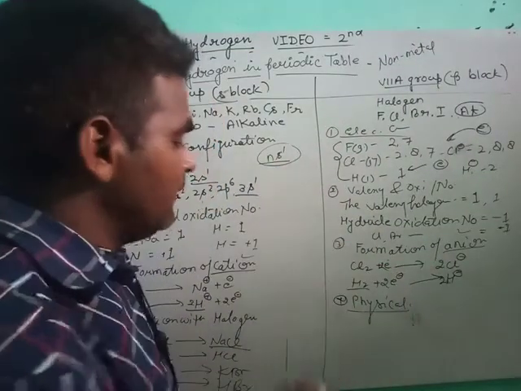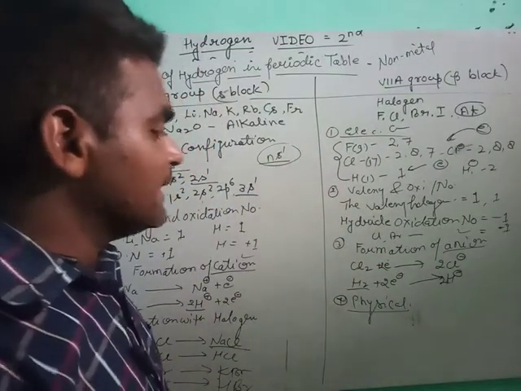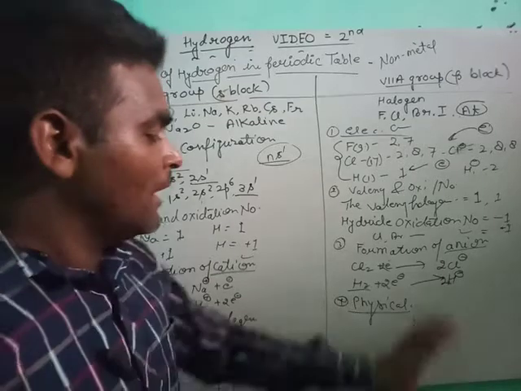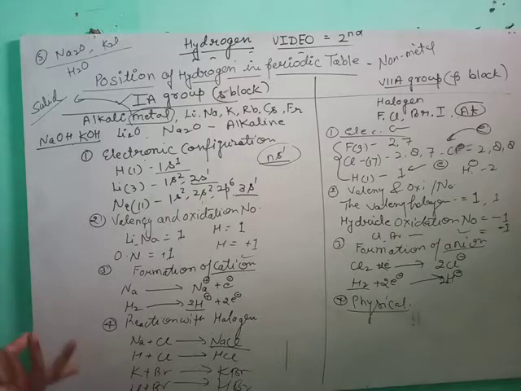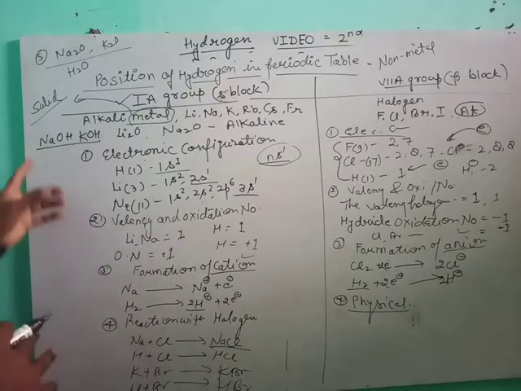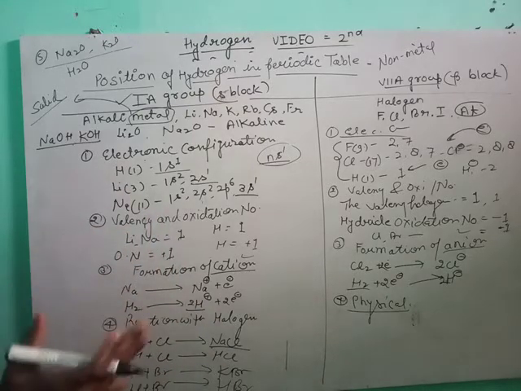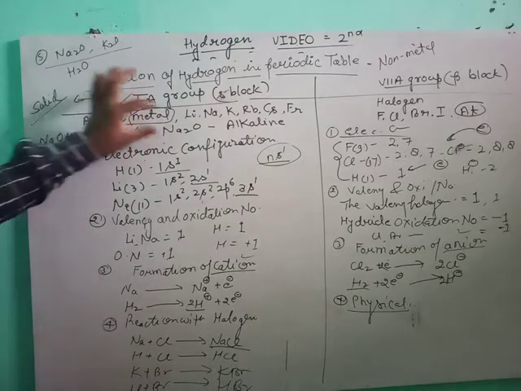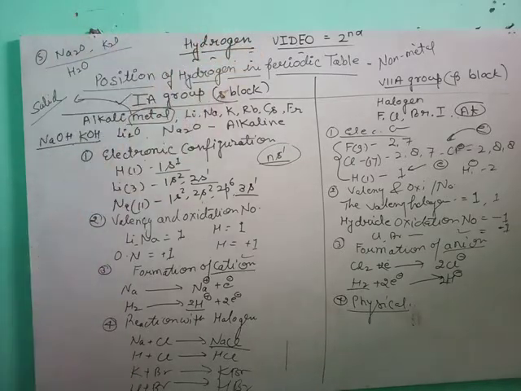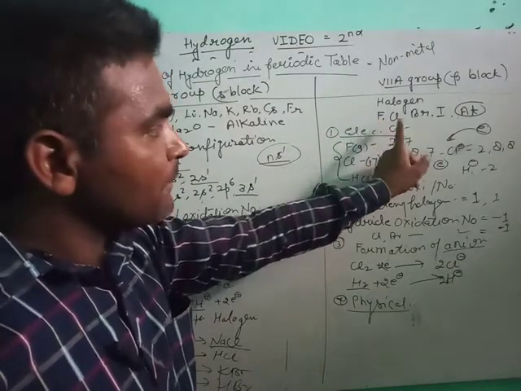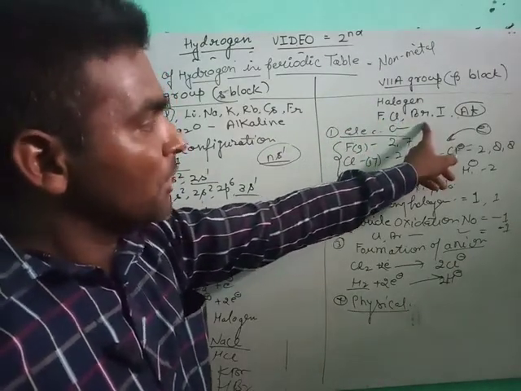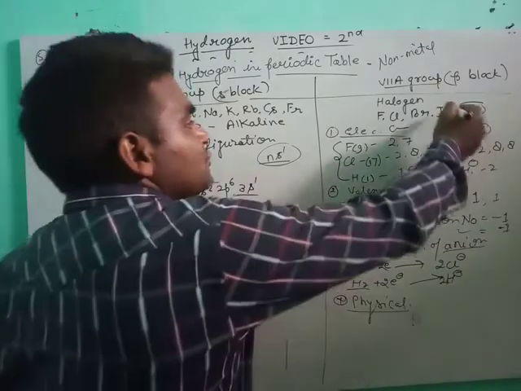And we know that hydrogen is also a non-metal. Then how can we put a non-metal element with metals in the periodic table? These are solid in state and these are gases: fluorine is a gas, chlorine is a gas, bromine is a liquid, and iodine is a solid.